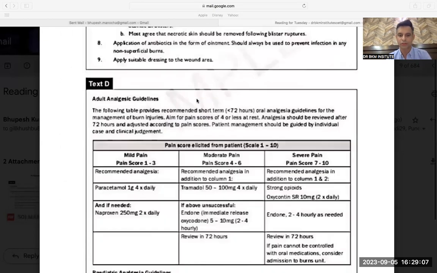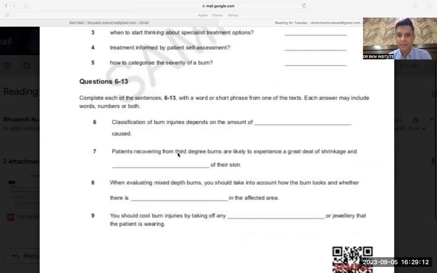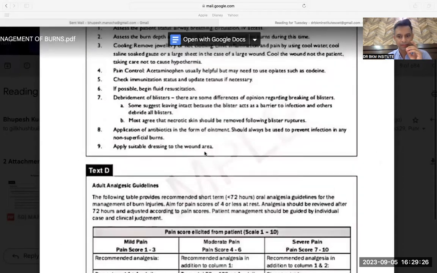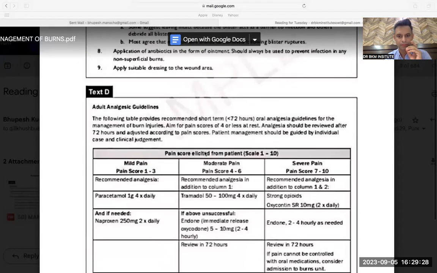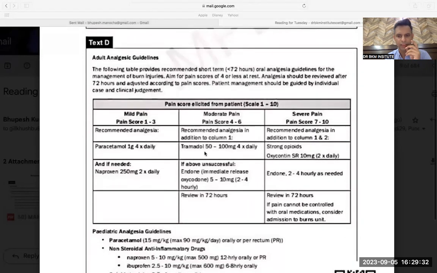So the next question. That is how I will keep on doing questions in my exam and keep on saving time. Patients recovering from third degree burns are likely to experience a great deal of shrinkage and dash of their skin. So my keyword is skin. My keyword is third degree burns.